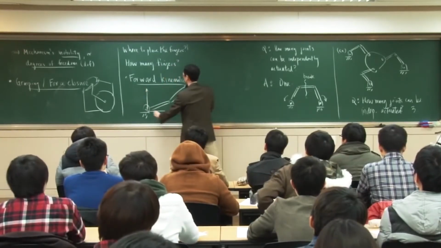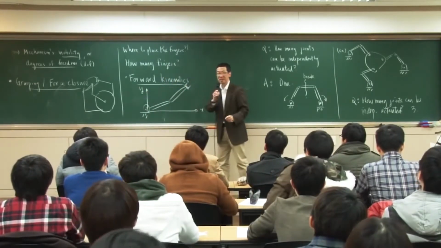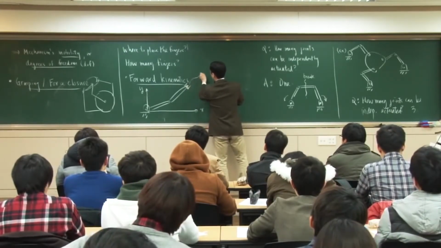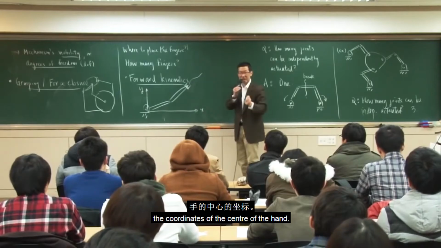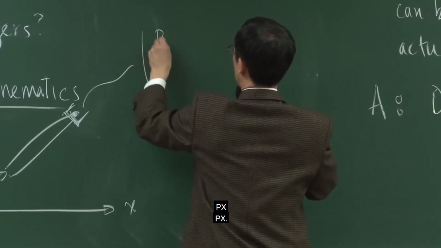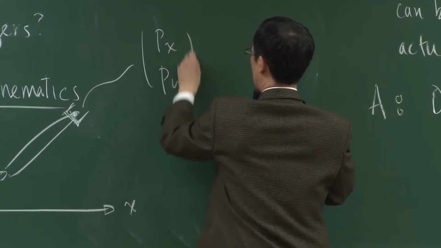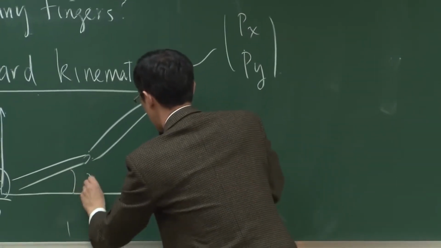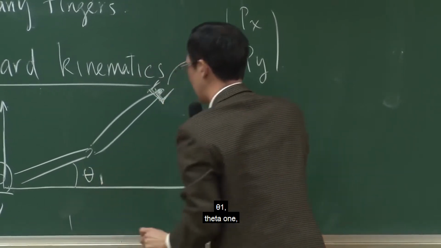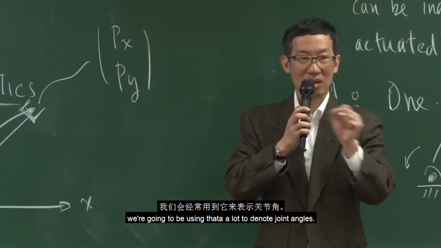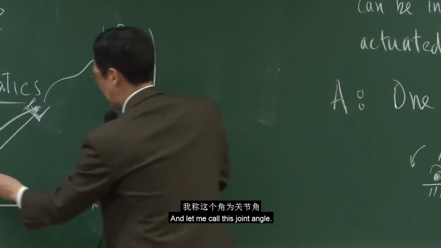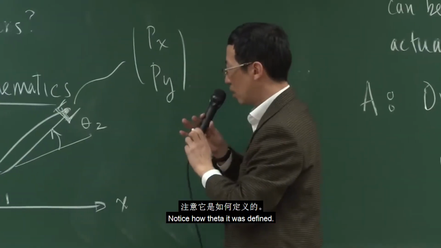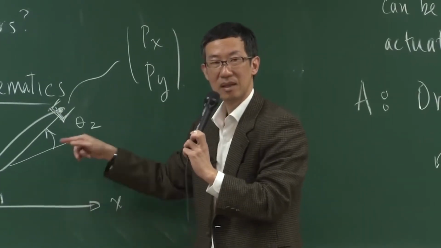Here's my XY coordinate frame. Let me call the coordinates of the center of the hand Px, Py. Let me call this joint angle theta 1. We're going to be using theta a lot to denote joint angles. And let me call this joint angle theta 2. Now, notice how theta 2 is defined.